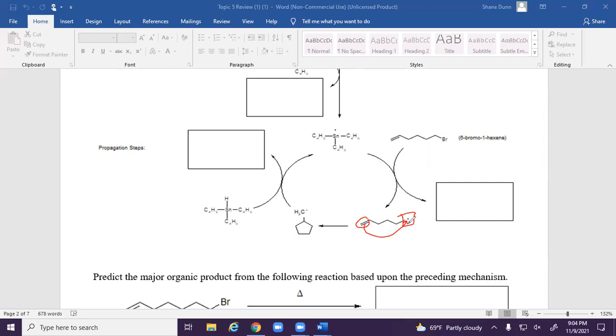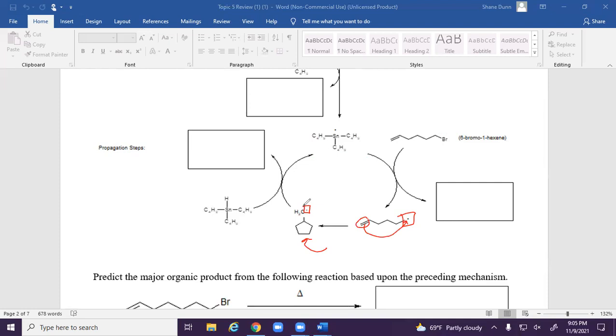The ring closes, and you get a cyclic structure. The radical is right here. The radical transferred to a secondary carbon, which is more stable than primary. That makes sense? That's why it's there.